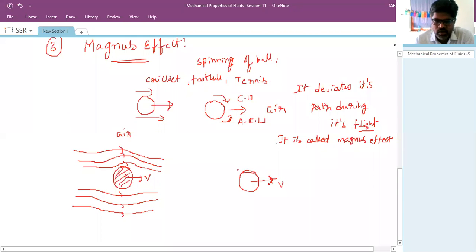Suppose it is spinning clockwise, CW, with angular velocity omega. Now v is the speed with respect to the air medium, the horizontal speed. The air molecules are like this again, deviating its path slightly.